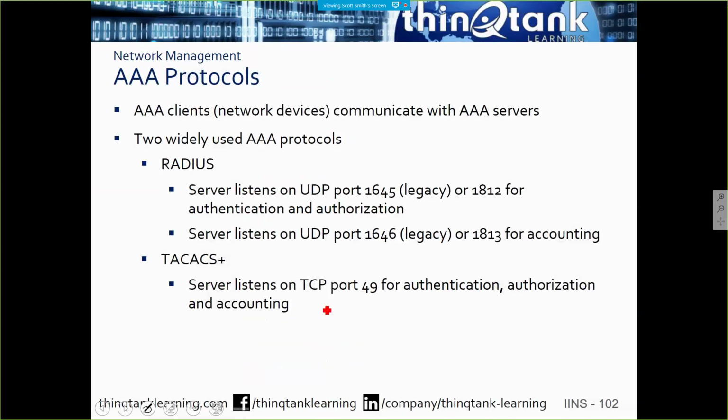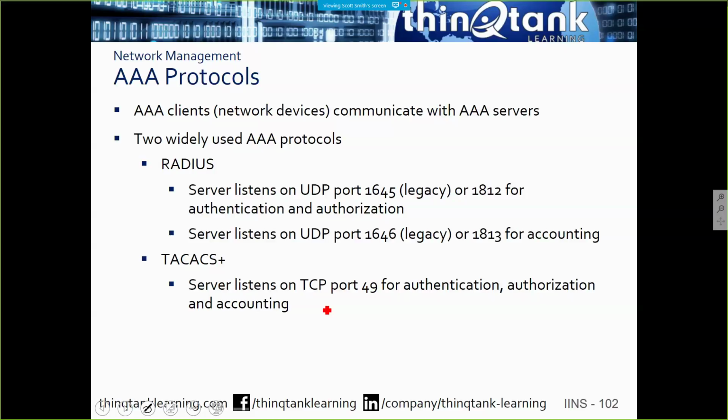There are two primary protocols that are used in the AAA process. We have essentially three components to AAA. We've got the supplicant, which is the device that's requesting authentication and authorization. We've got the authenticator, which is the router or switch that the device is connecting to.